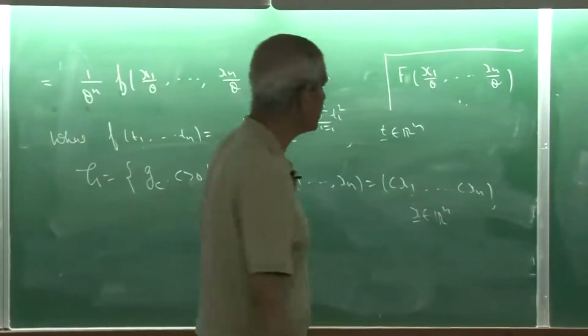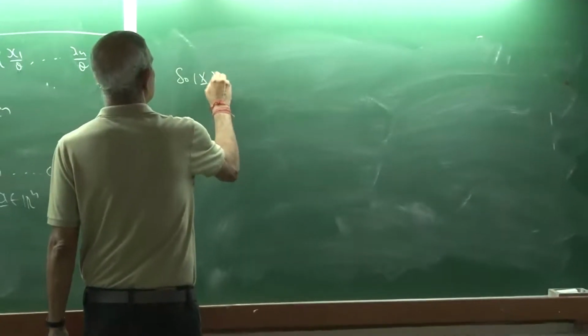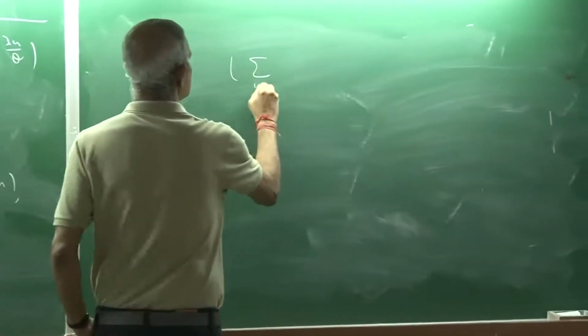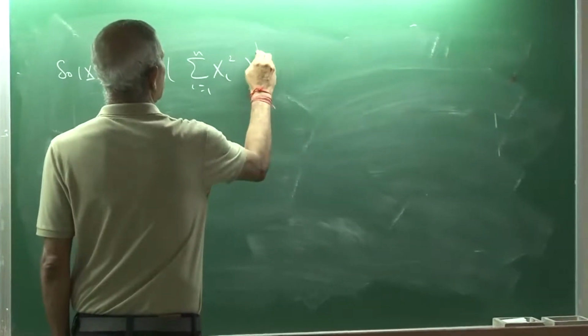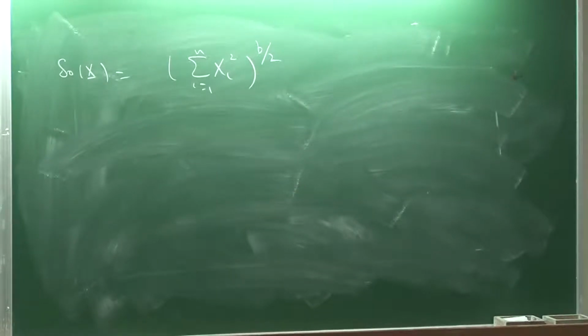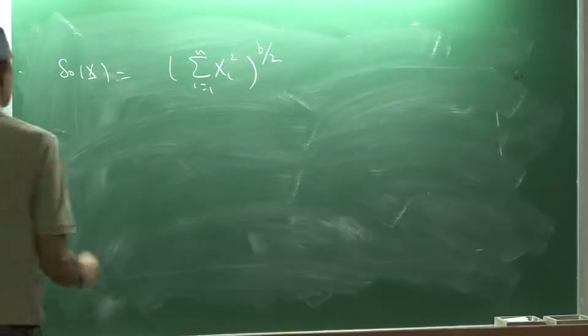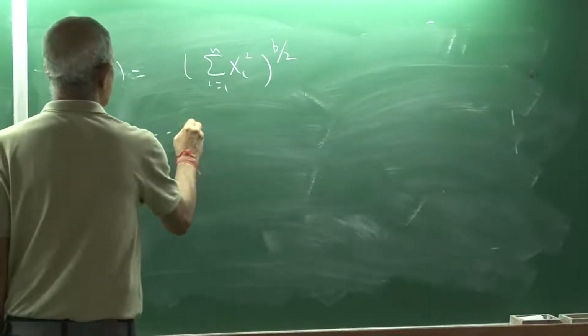So what I do is I consider delta naught of x to be summation i equal to 1 to n xi square, to the power b by 2. Then what is delta naught of c x1, c x2, ..., c xn?